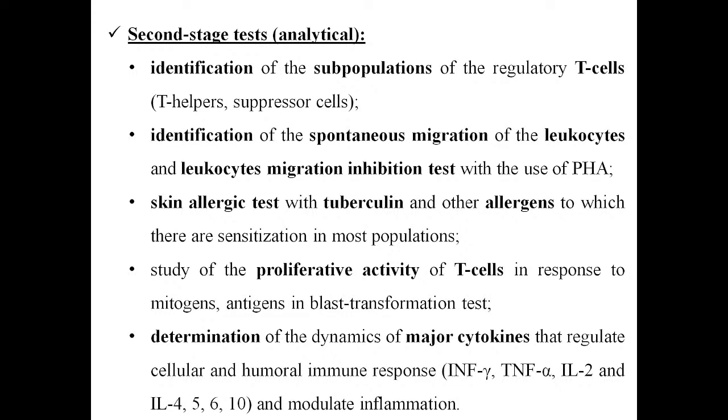Cytokines are like intercellular messengers between all immune cells. So we can detect which cytokines are produced, which are not produced. For example, interferon gamma, tumor necrosis factor alpha, interleukin 2 that are pro-inflammatory cytokines, they cause inflammation, and interleukin 4, 5, 6, and 10 that are anti-inflammatory.